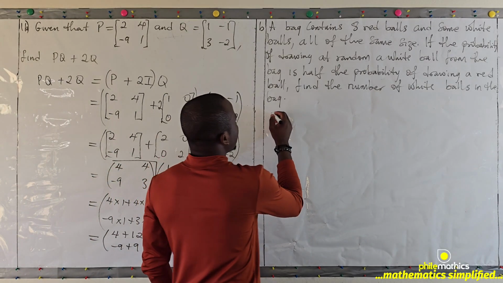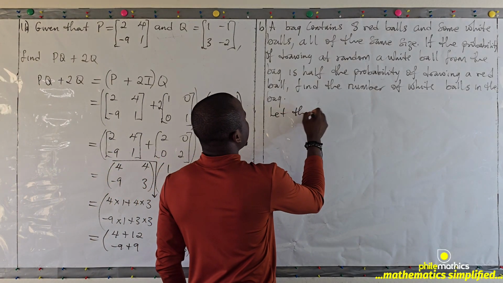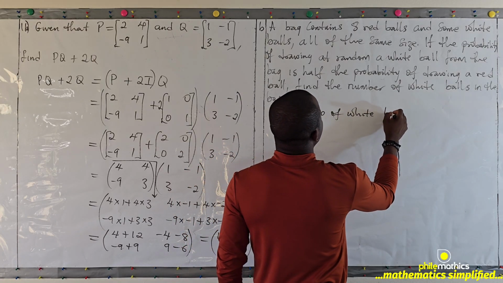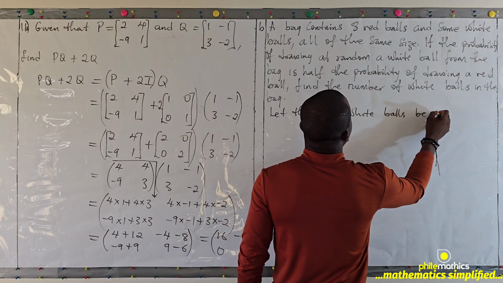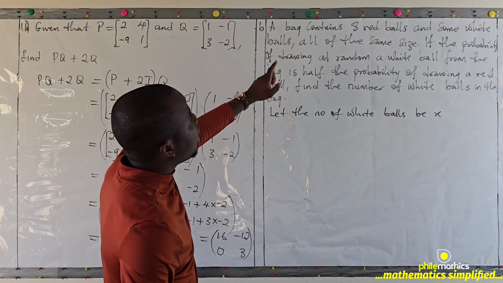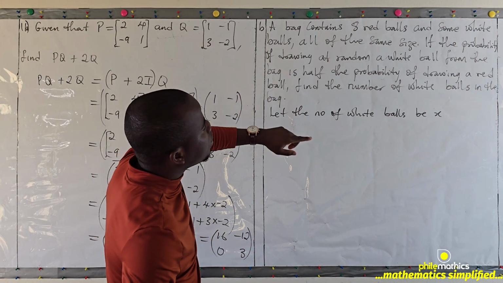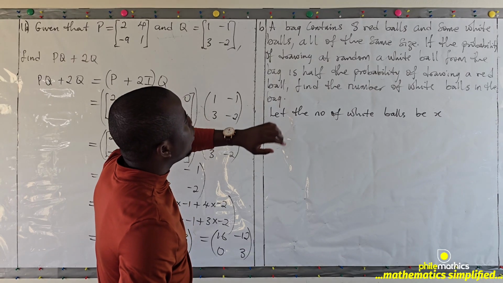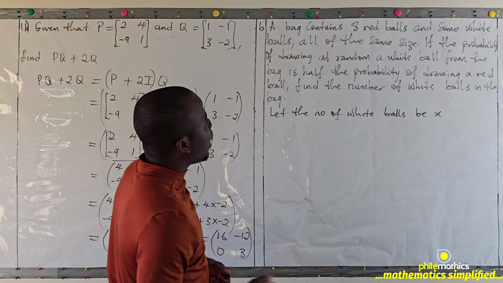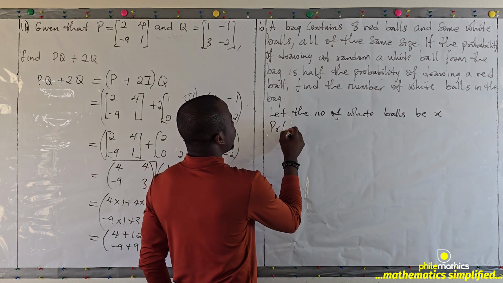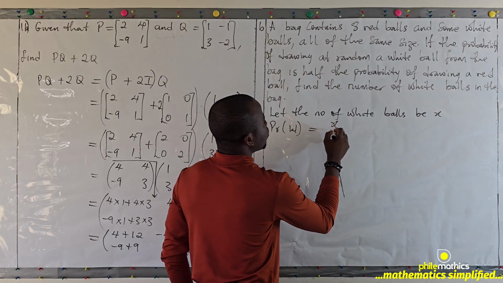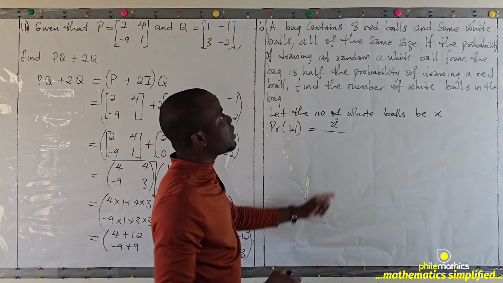So we start by saying, let the number of white balls be x. And so if there are a total of 8 red balls and some white balls, the probability of drawing a white ball from the bag is just the number of whites over how many balls are inside.